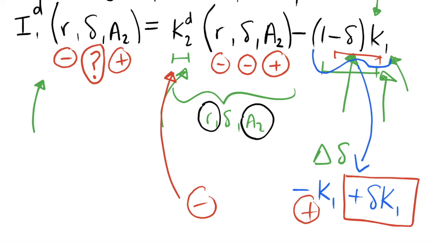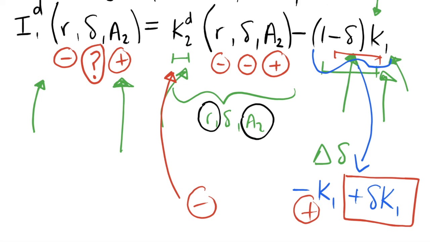It is not certain. Luckily for us, we're usually in economics interested in a change in the productivity parameter. We don't necessarily mind so much what happens if we change our depreciation rate, as we kind of assume that depreciation rate is fairly constant and it's not going to change all that much.